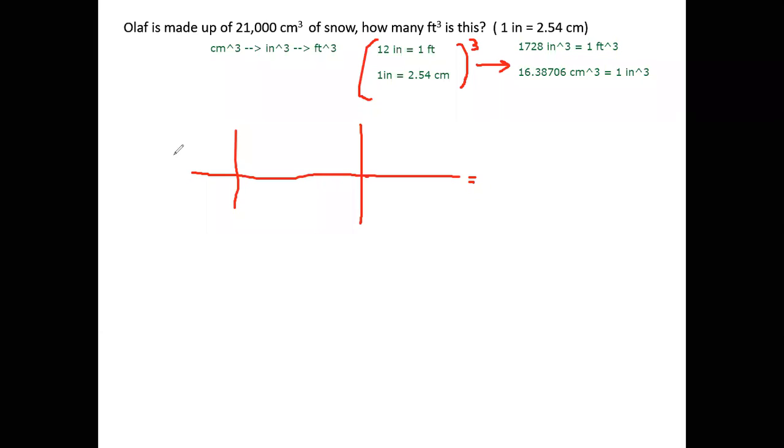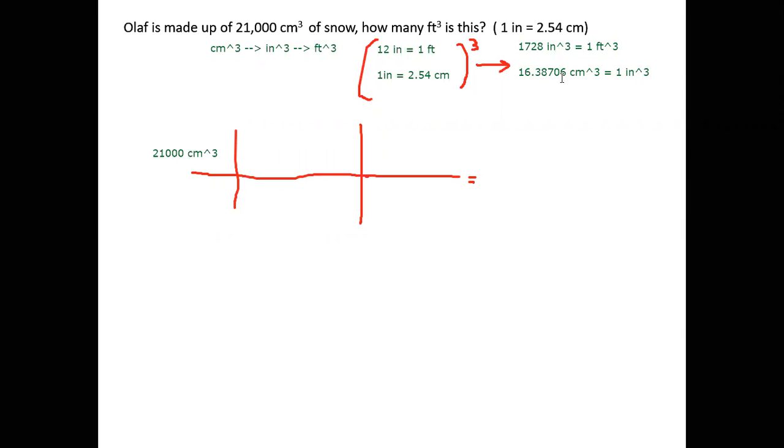So again, we're starting with centimeters cubed. Now the first step, we want to convert centimeters cubed to inches cubed.